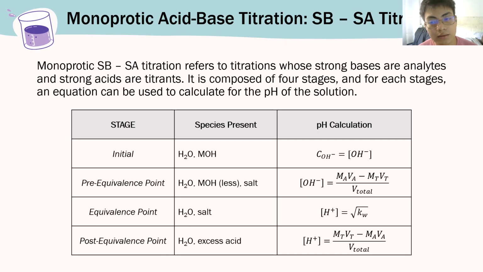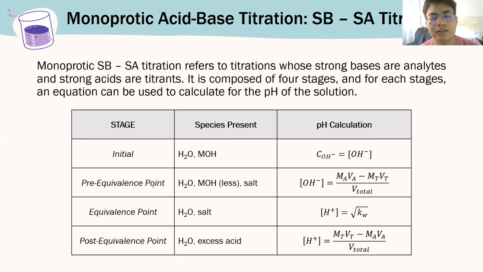But baliktad lang, no? So you begin with your base, okay? You have your metal hydroxide here. So you use that to get the pOH and then eventually get the pH, no? And then as you add your titrant, which is an acid this time, okay? Habang dinadagdag yung titrant, nababawasan yung base. So we use this formula to see gaano karami yung base na natitira.